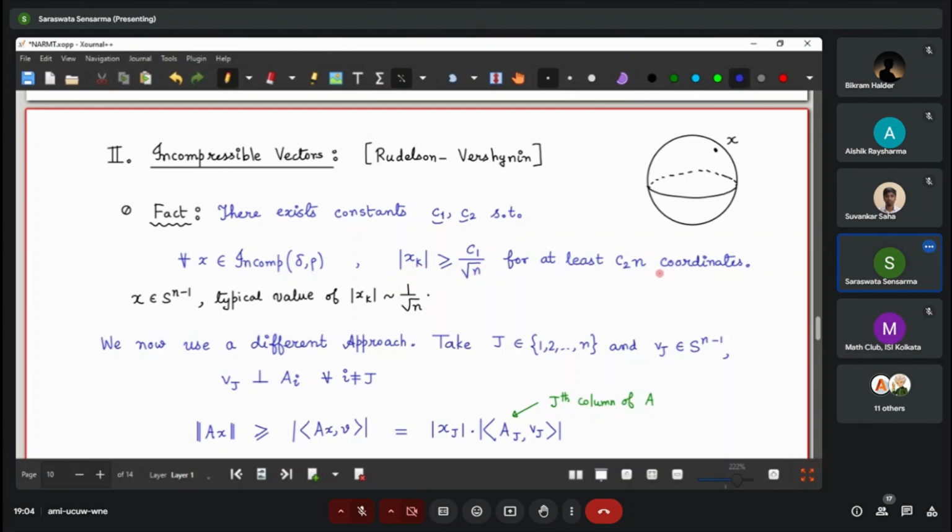For at least a linear number of coordinates, x_k is large, in the sense that it is of the order of 1 over square root n.